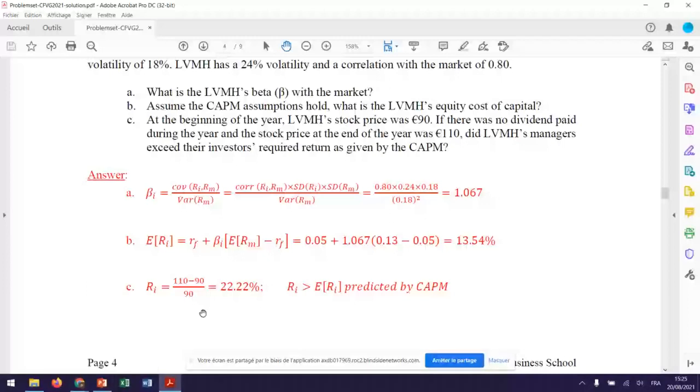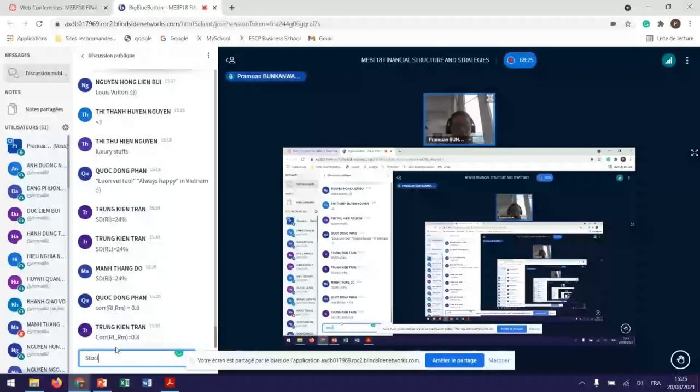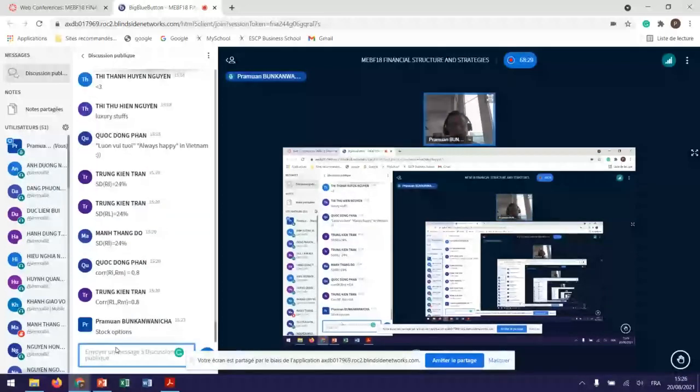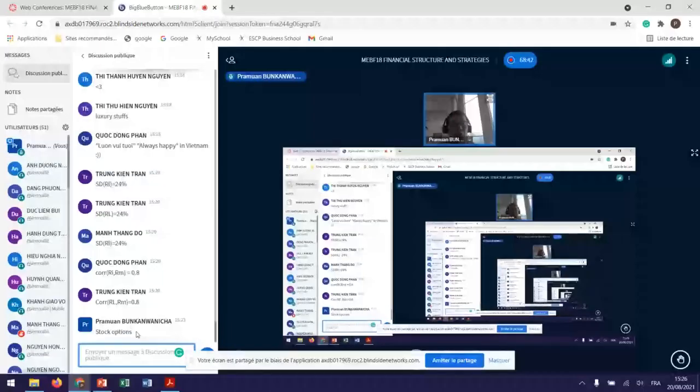Because most top CEOs have something called stock options. If your exercise price that you got from the company is lower, the more you enhance the return of the stock, the higher the value that goes back to the manager who holds those stock options.